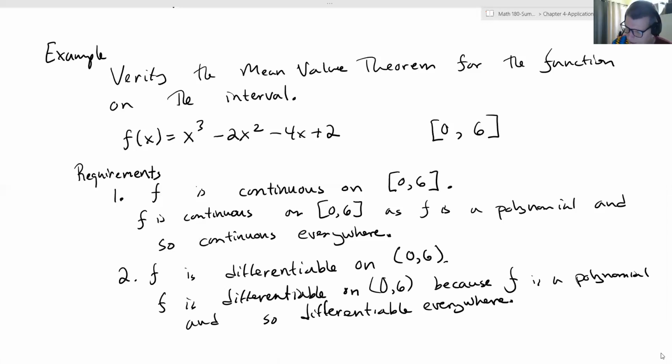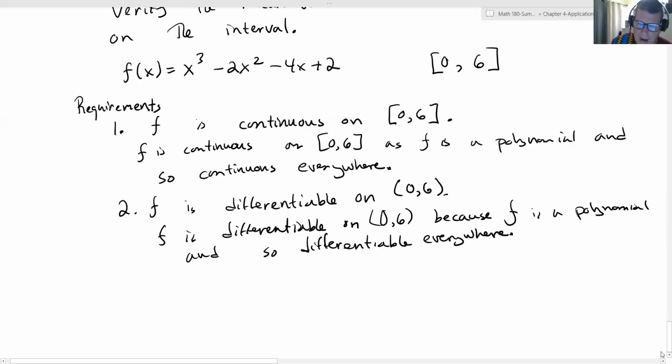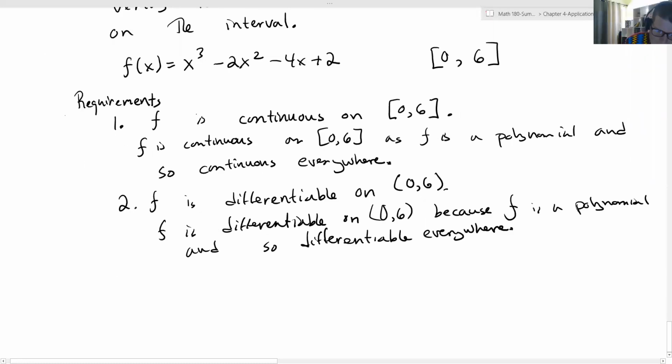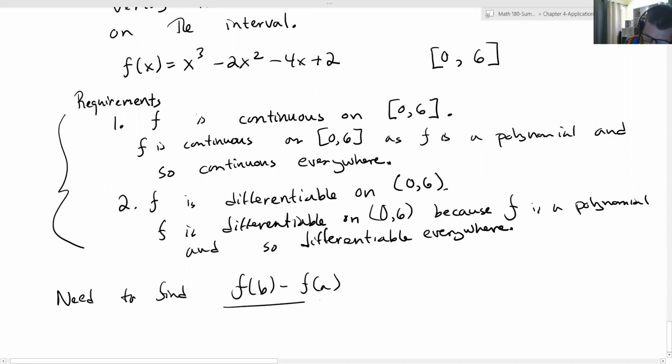Those are our two requirements, so consider that step 1. Then to verify the mean value theorem, we need to find that slope: f of b minus f of a over b minus a. I'll give you a moment.